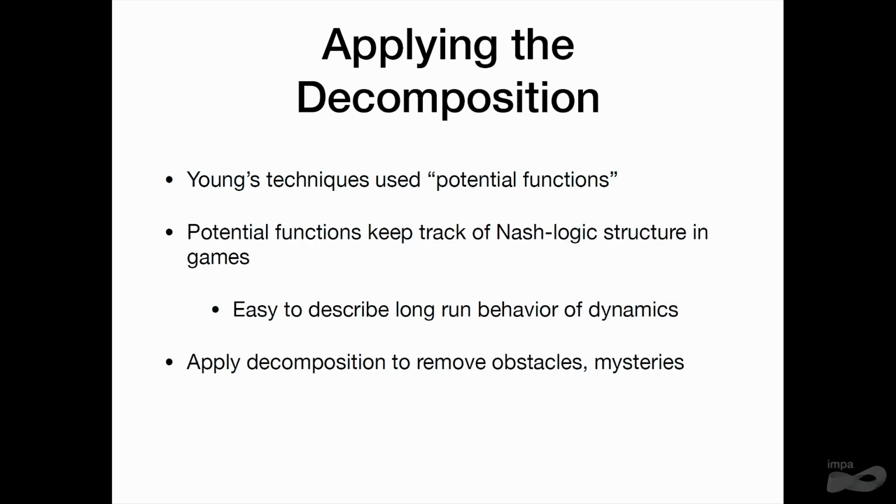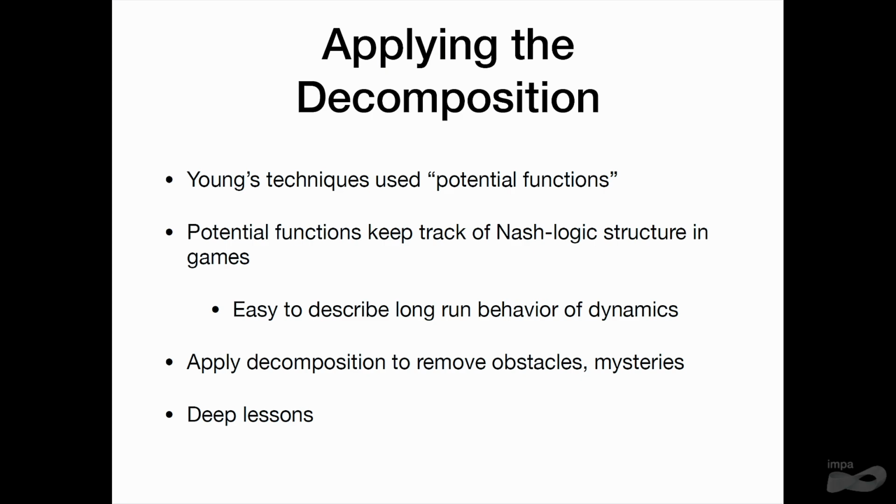So I applied the decomposition. I won't get into potential functions, but basically Young used potential functions, which allows you to describe the unilateral deviation structure of a game using one global function. And so you can make a lot of deductions about large games using one nice function.